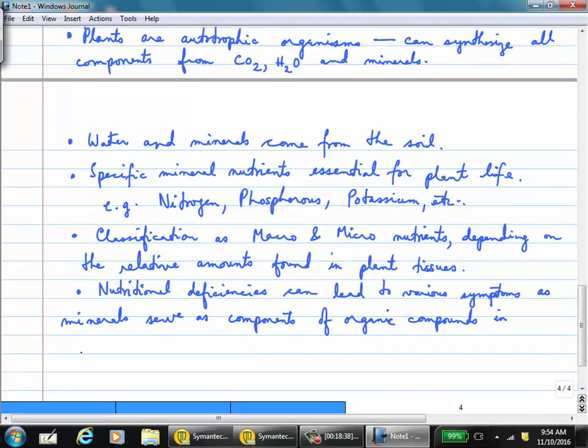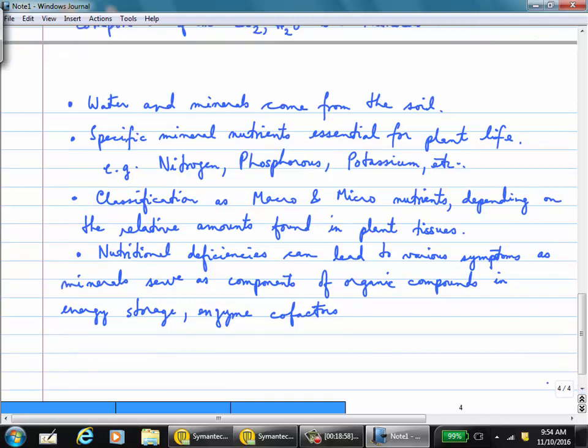Remember ATP, you need nitrogen, you need phosphorus, so energy storage. Then enzyme cofactors and so on. And even enzymes are proteins, so you will need nitrogen.